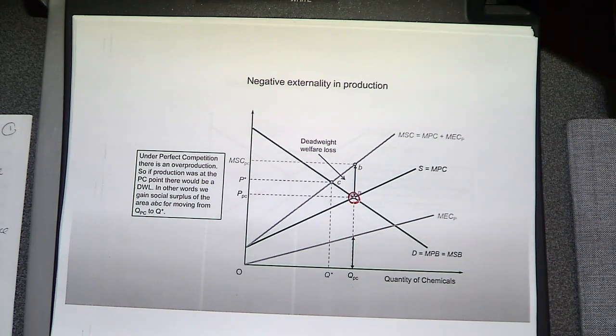So the problem is that we have quantity of chemicals, so we have a negative externality. In reality, people want less production of this because this is pollution, right? So in reality, what people want is the optimal production there.